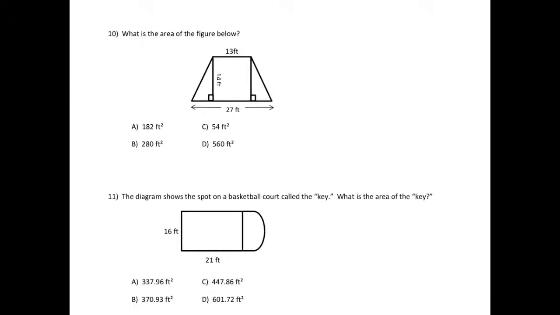Number 10, what is the area of the figure below? Okay, this is a trapezoid. So here's the formula. Okay, so 1/2, base 1 is 13, base 2 is 27.